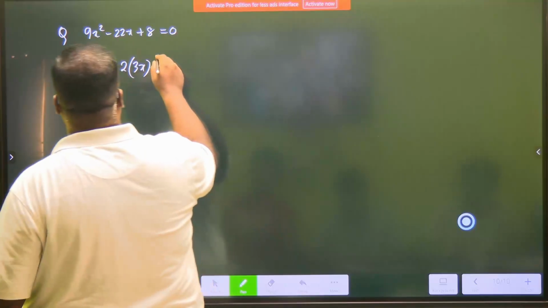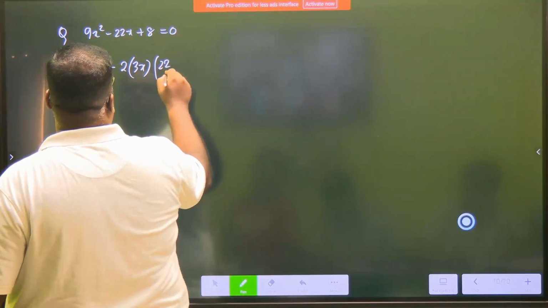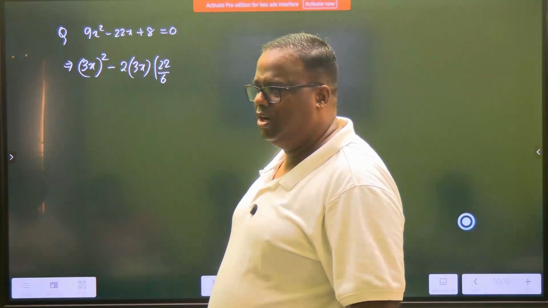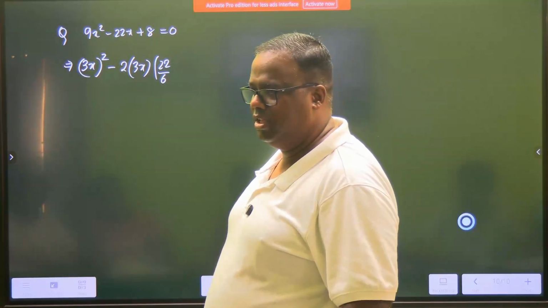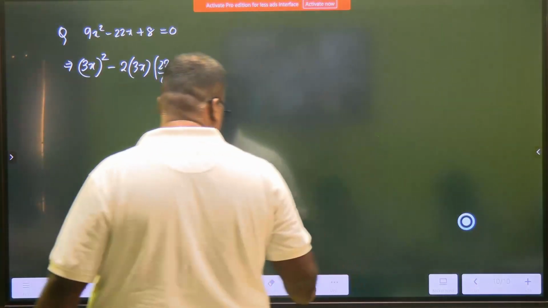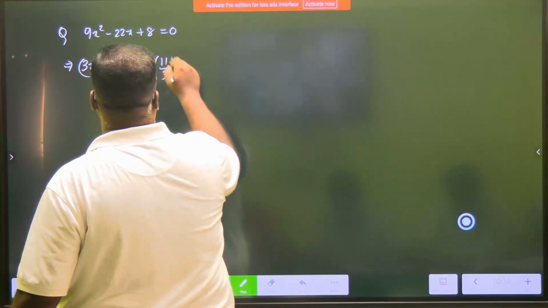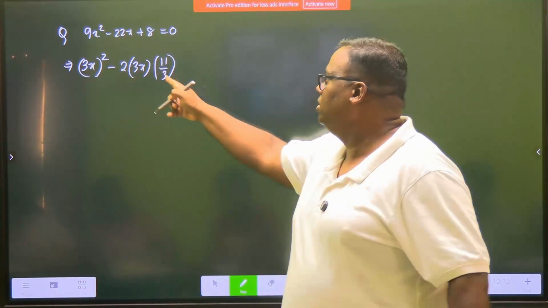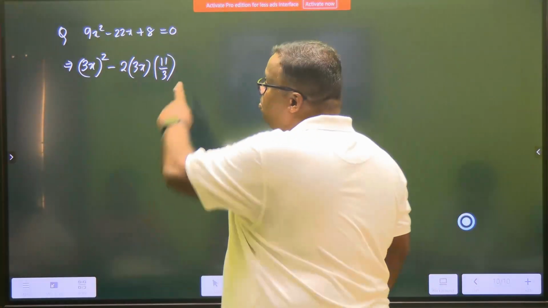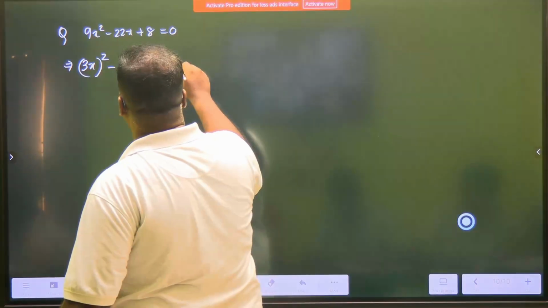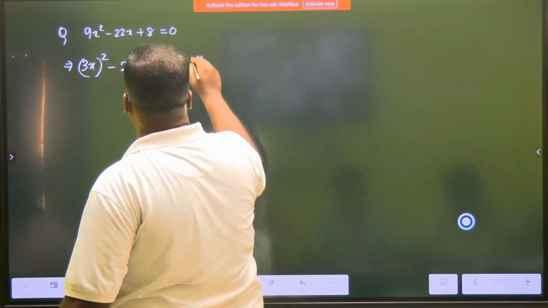So what do you multiply it with? 22 by 6. 22 by 6, can you make it a little bit smaller? 11 by 3, right? So let's just make it 11 by 3. Check, is it 22 now? 3 and 3 gone, 11 into 2 is 22. So what is your b now? 11 by 3. a square minus 2ab plus b square.